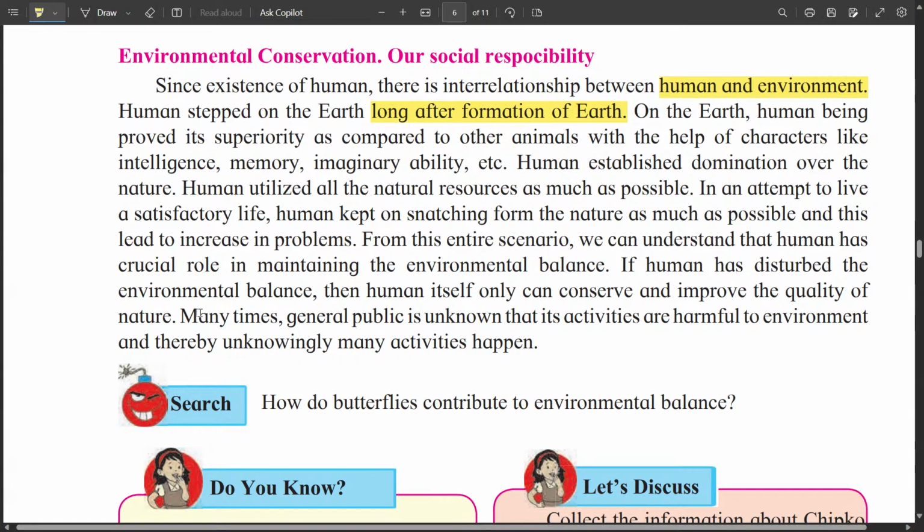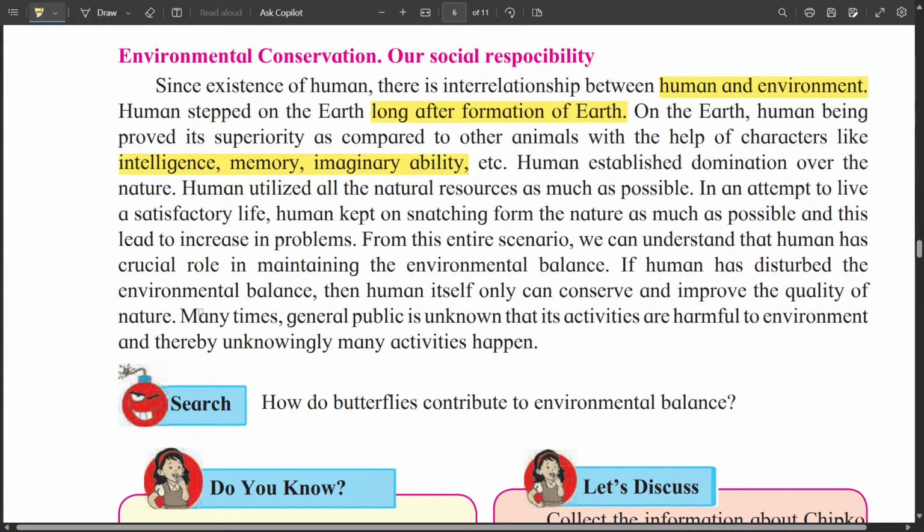Human being proved its superiority as compared to other animals with the help of characteristics like intelligence, memory and imaginary abilities. Human established domination over nature. Human utilized all the natural resources as much as possible.